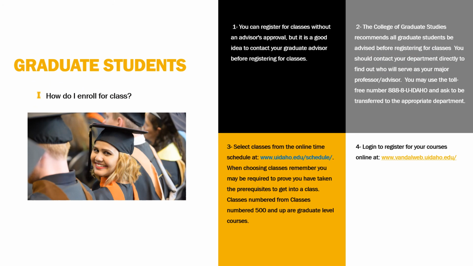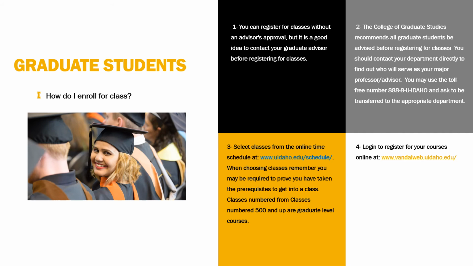Graduate students, the process to enroll for classes is a bit easier than undergrad. Graduate students can register for classes without an advisor's approval. However, it is a good idea to contact your graduate advisor before registering for classes. The College of Graduate Studies recommends that all graduate students be advised before registering for classes.